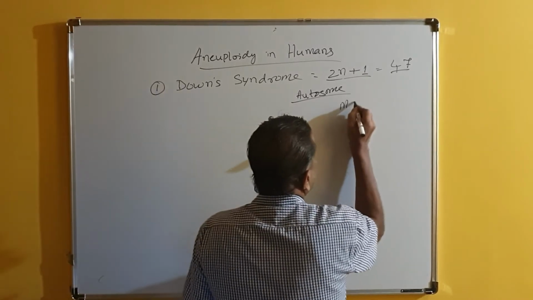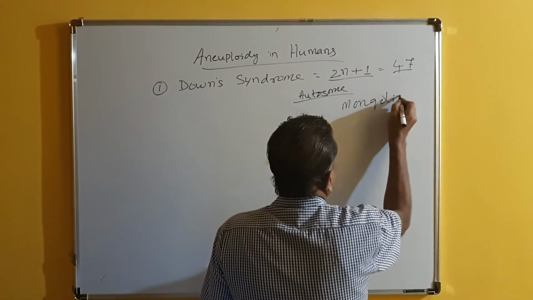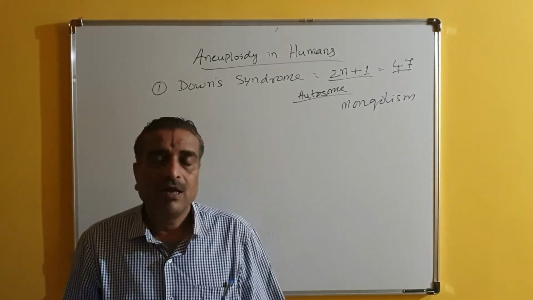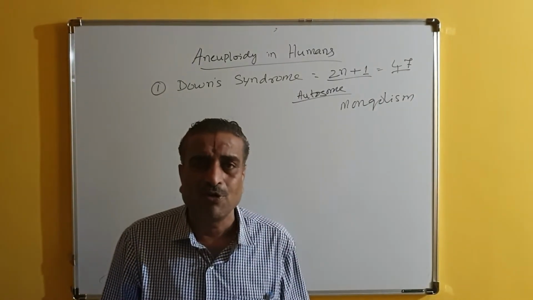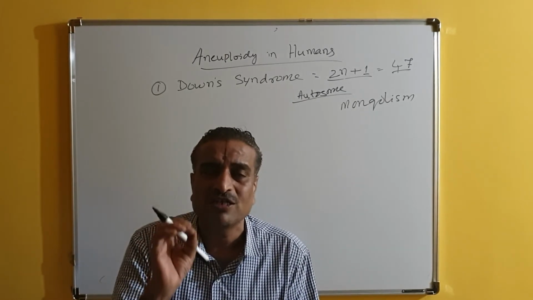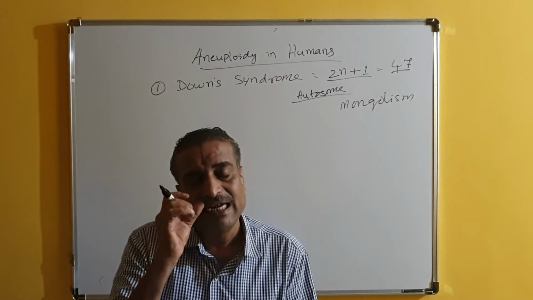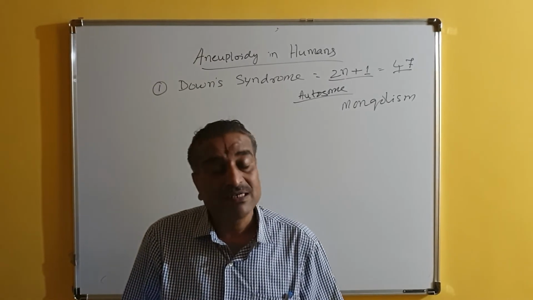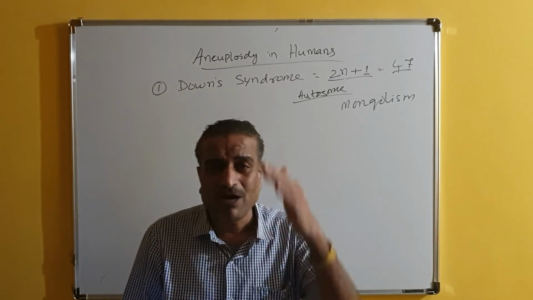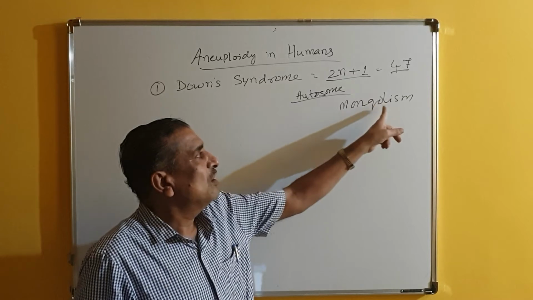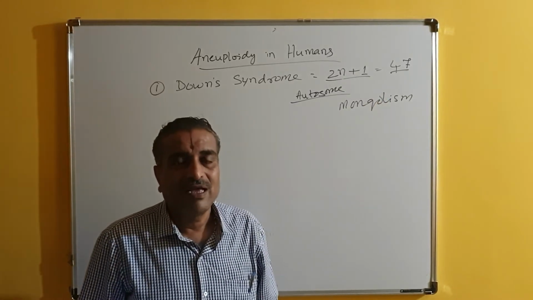Mongolism. It may sometimes be asked in the examination. Mongolism is nothing but Down syndrome only. This syndrome was first discovered by a scientist called John Down in 1821, but the disease was first noticed in a person belonging to Mongolia, a country.